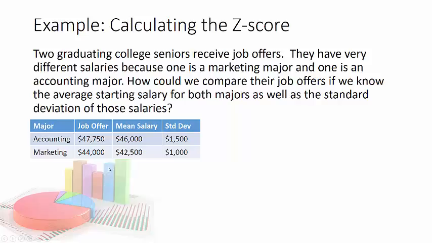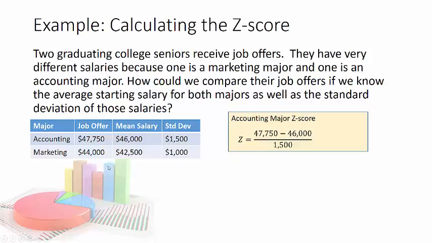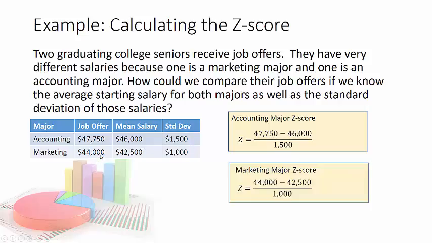Oh, he must be getting the better offer, because this guy's only $1,500 above the mean. But let's take a look at it according to z-scores. So for the accounting major z-score, we're going to take the job offer minus the mean, all divided by the standard deviation. We're going to do the same thing for the marketing major. When we calculate these, we're going to find that the accounting major has a z-score of 1.167, and the marketing major has a z-score of 1.500.